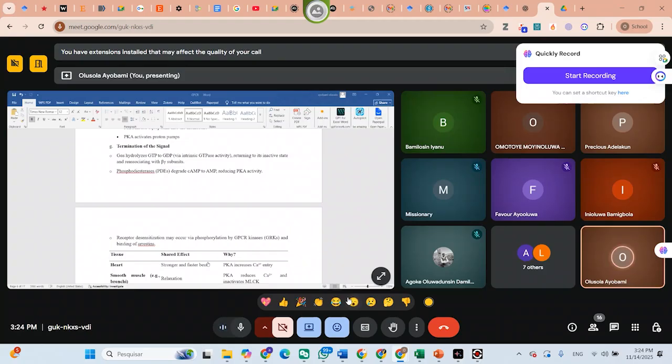Then your receptor, after phosphorylation, can be internalized by your cell, and this is endocytosis, and it can be digested. That is the mechanism behind desensitization when you are exposed to an agonist for a very long period of time. Now, there are typical examples that I can give you.